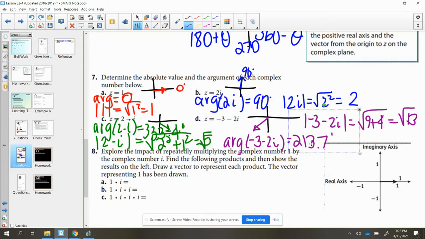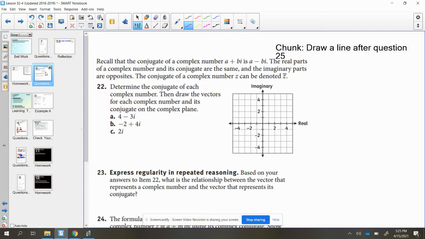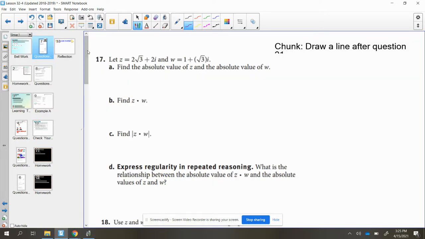Now, as we jump ahead and finish this out, we're actually going to skip a lot of things, skipping the next 2 pages here. We're actually going to jump to number 17, which is on page 459. And what we see here is we have some complex numbers involving these square roots.